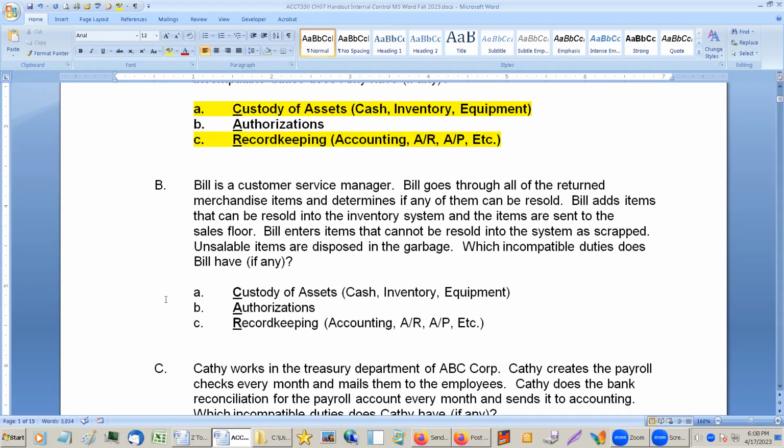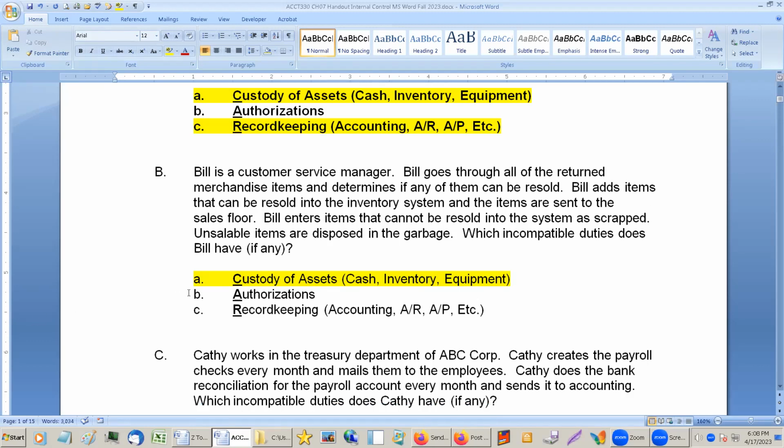A. Yep. Any other ones? Maybe B. Yep. And believe it or not, Bill also has C. He can enter inventory into the system or scrap it.